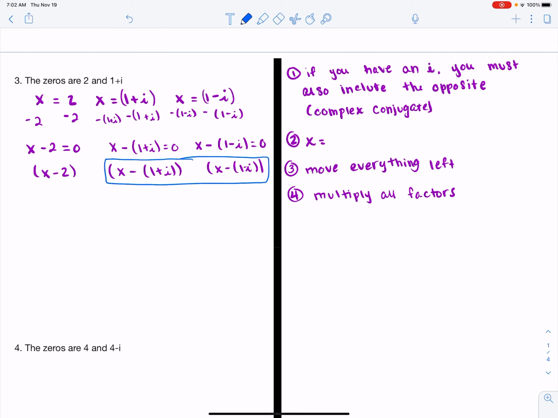And I'm going to do it in a box. So I'm going to build a box. And I have x, negative. Now, if I have negative (1 plus i), that's really negative 1 minus i. So distribute the negative sign. Then on the side, I have an x. And distribute your negatives, so negative 1 plus i.